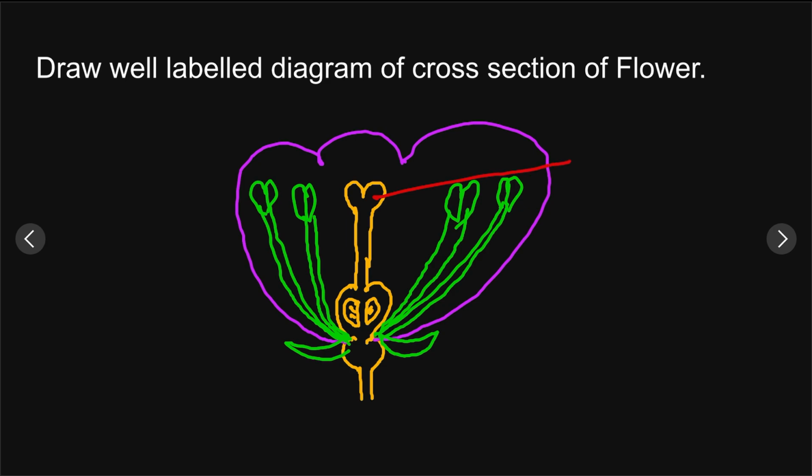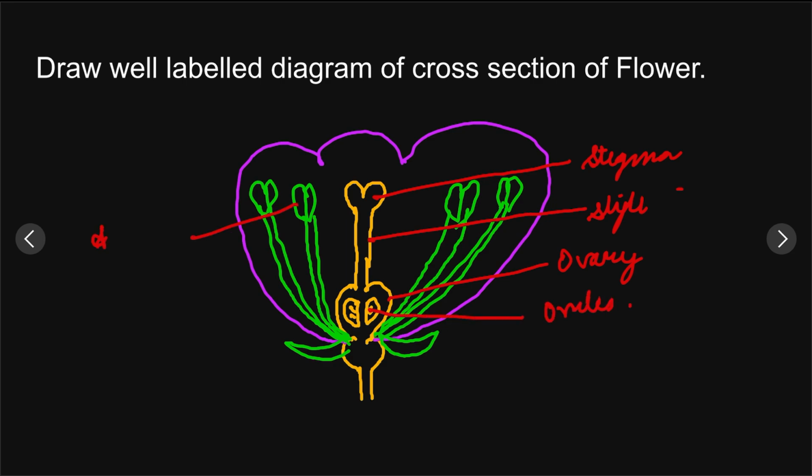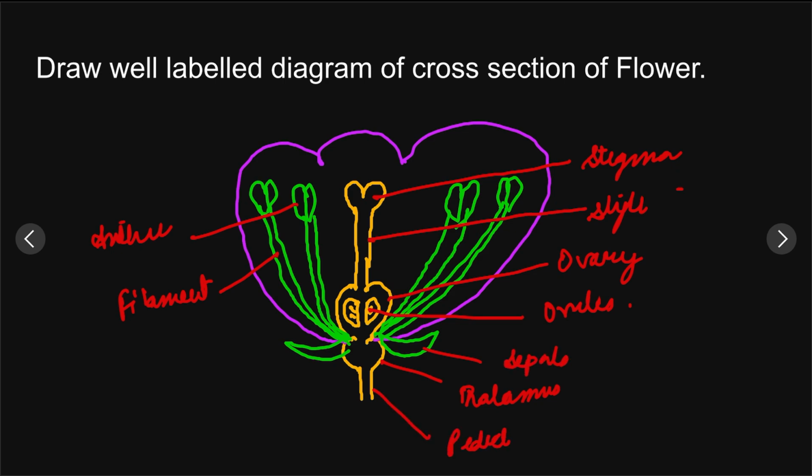So beta, this is the stigma on which the pollen grain lands, and this is the style, this is the ovary, these are the ovules, this is our anther, this is our filament, and this is the thalamus, this is the sepals, this is the pedicel.